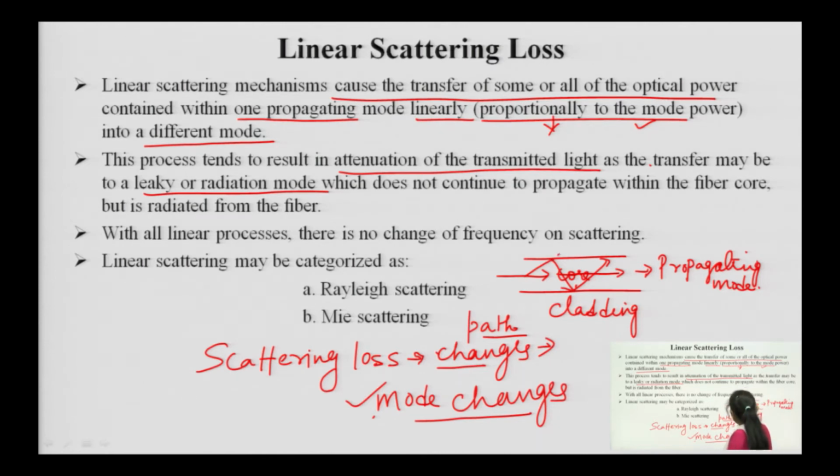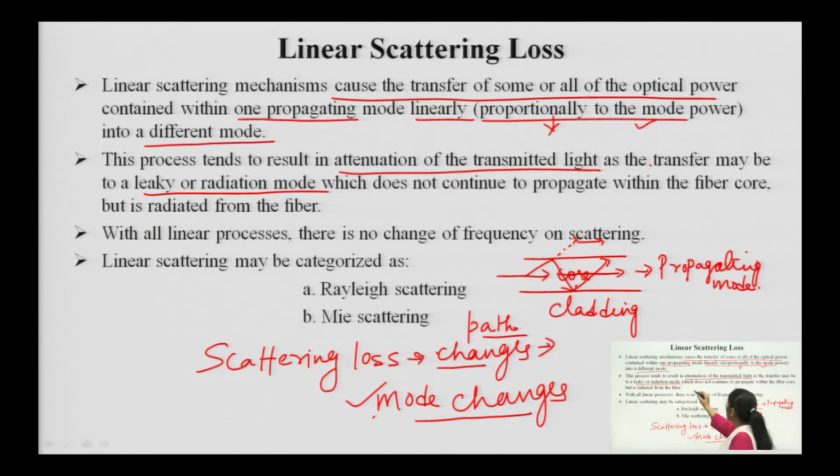But if some ray goes outside the core into the cladding, then it comes under the category of leaky or radiation mode, and this does not contribute to the propagating signal.